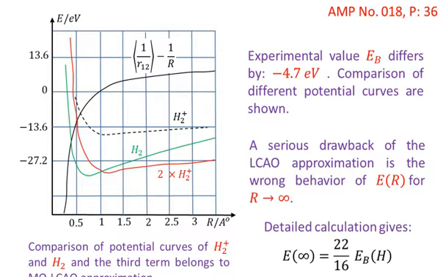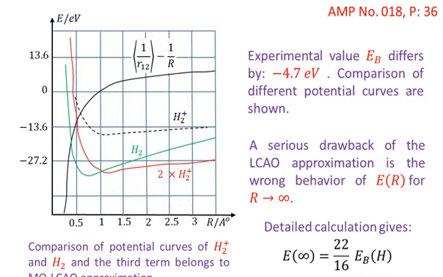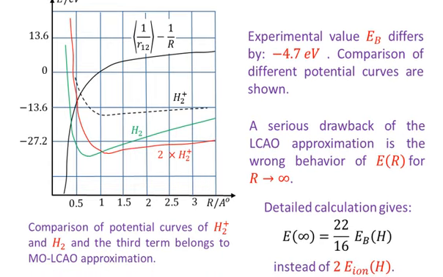Let me read the caption of this figure also. On the vertical side I am plotting the energy in electron volt, and on the horizontal side the separation between the two nuclei, capital R, in angstrom.